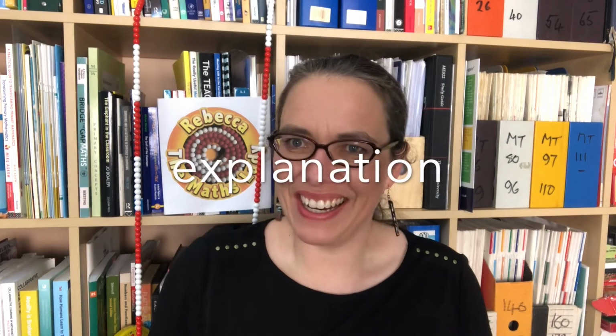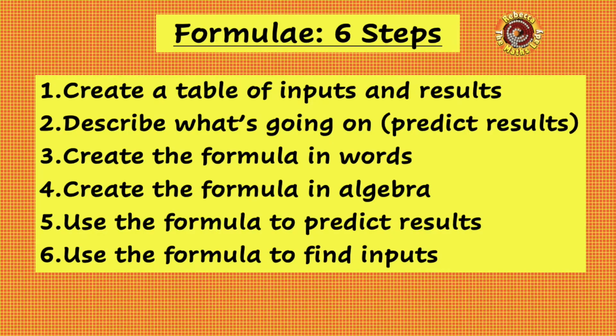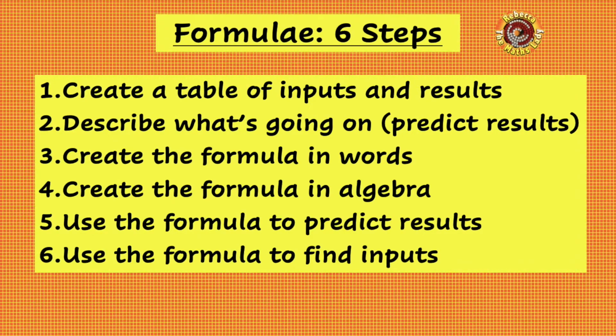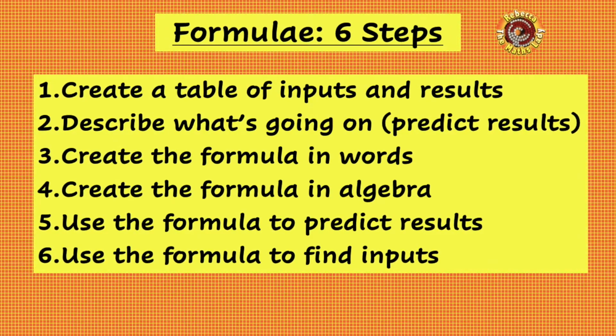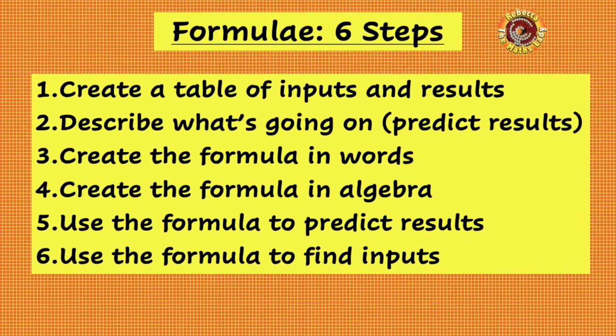Right, let's get started. So the key to working on formulae with this age group is to really deeply explore the context of each formula you ask children to work with. And it's useful to think about doing that in 6 steps. First of all, you want to develop a table of inputs and results about the situation.